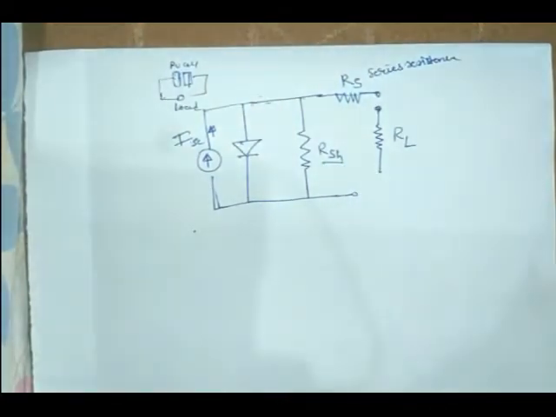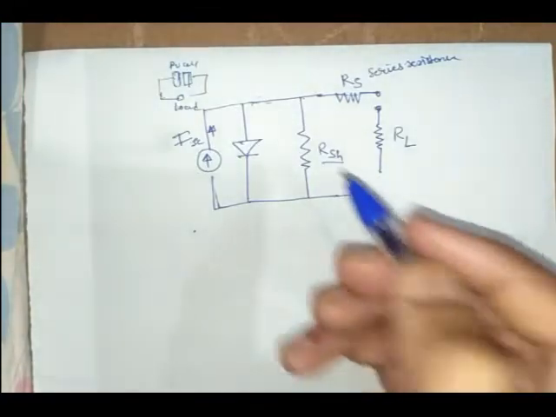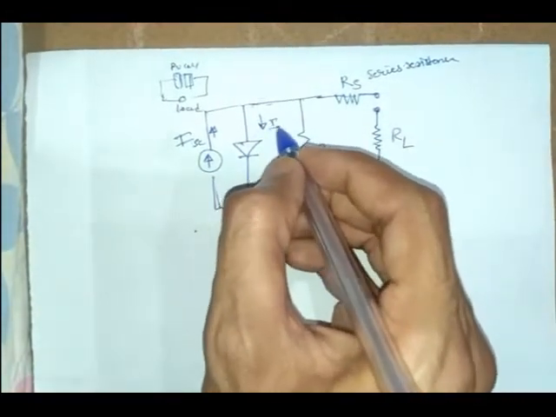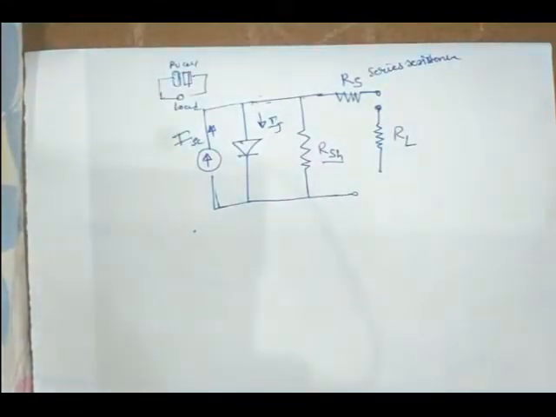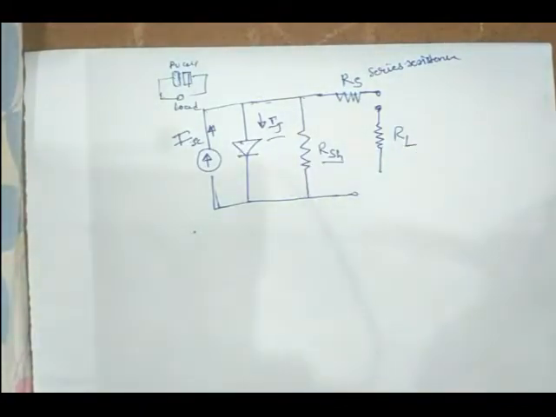This is the internal shunt resistance, and a minimum current IJ also flows through the diode. That IJ is called the junction current, IJ for junction current, and this flows through the PN junction. So this diode represents the PN junction.